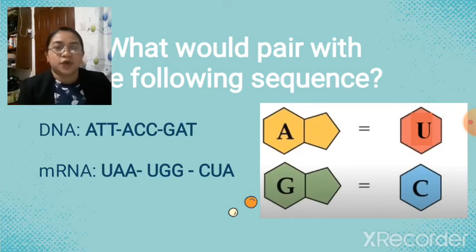C is for guanine, another C is for guanine, and guanine is for cytosine, and adenine is for uracil, and T is for adenine. So this is what we call the process of transcription, of how the DNA becomes transcribed into messenger RNA.